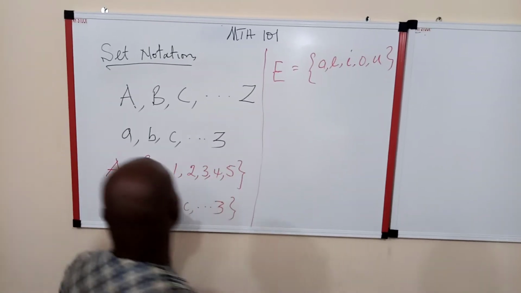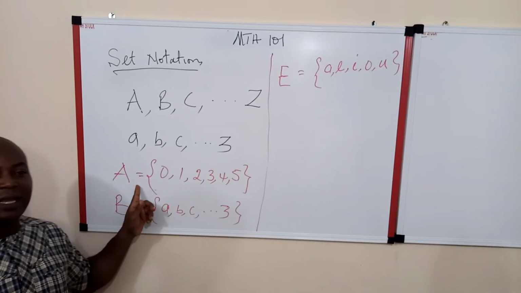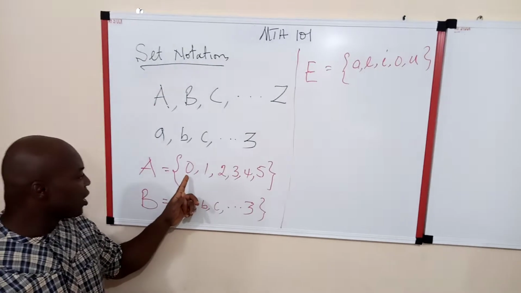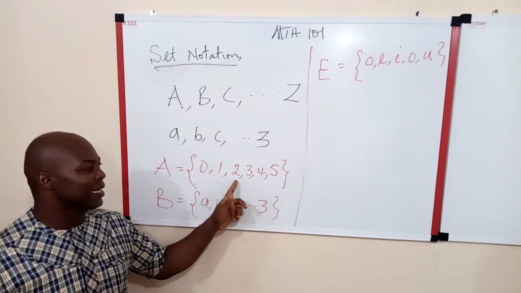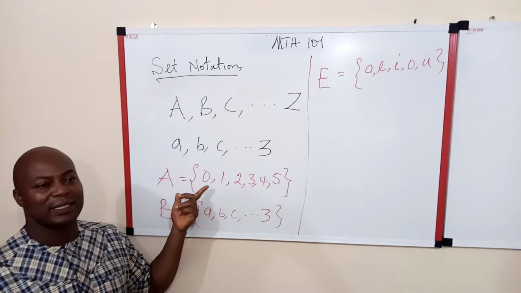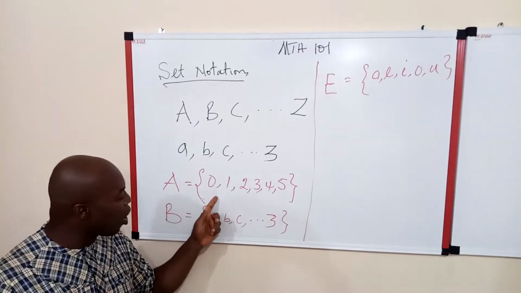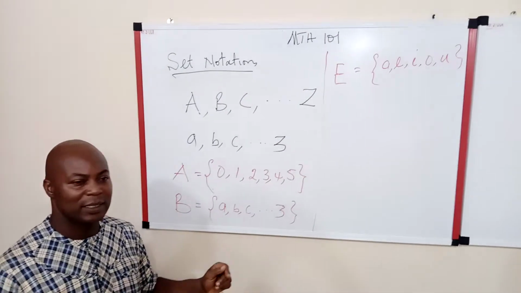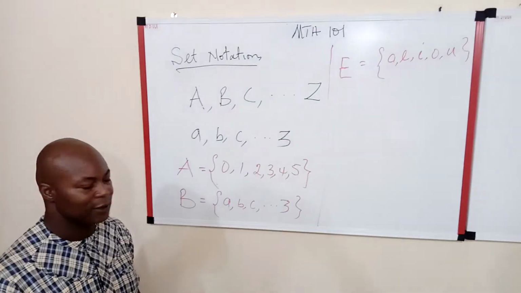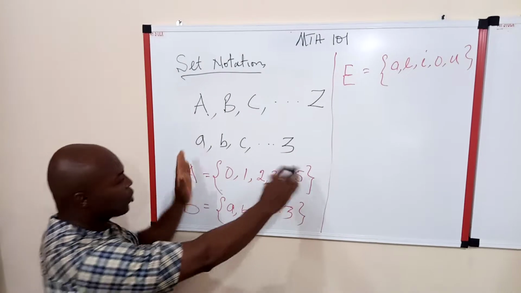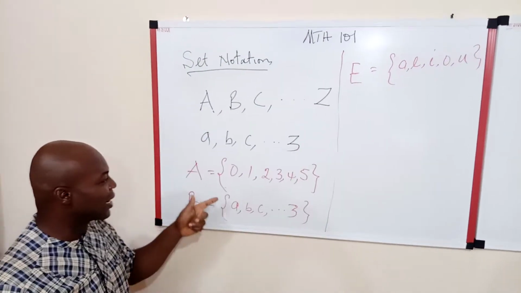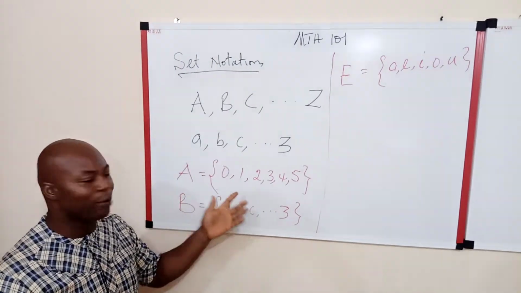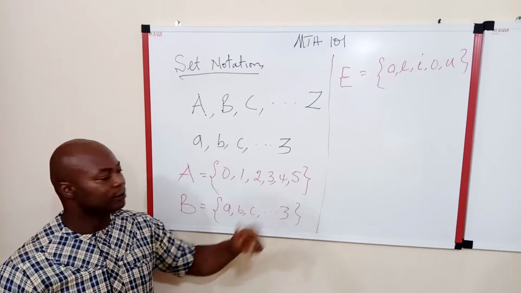We can see in set A here that the elements in this set are all separated with commas and enclosed in a bracket. And the bracket is not just every bracket, but a curly bracket.